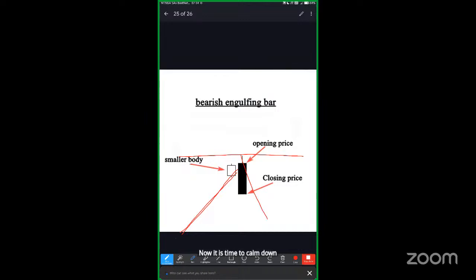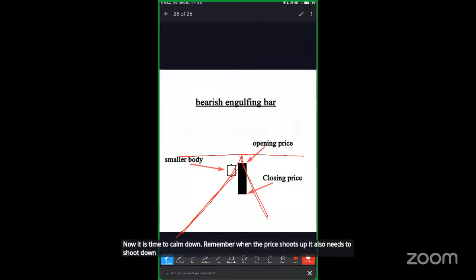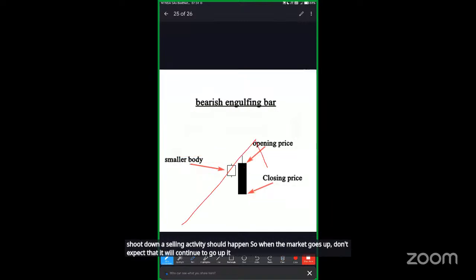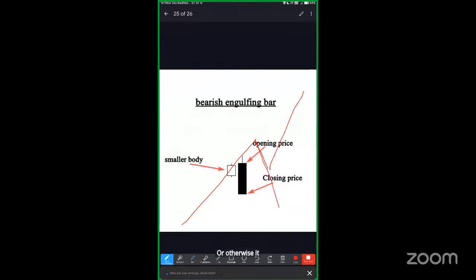Remember, when the price shoots up, it also needs to shoot down. A selling activity should happen. So when the market goes up, don't expect that it will continue to go up. It needs to retrace if it is to continue going up, or otherwise it needs to come down 100% again.